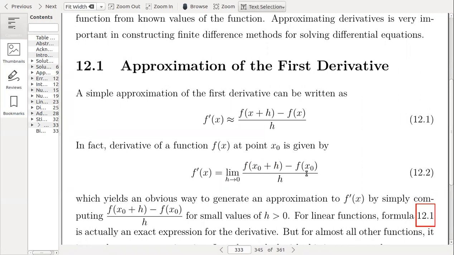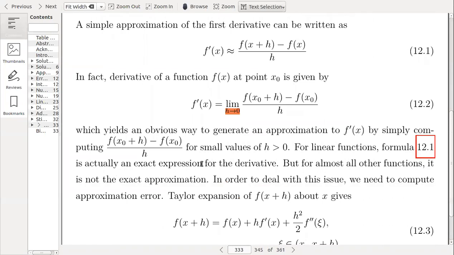The difference between these two points in the domain is x naught plus h minus x naught, which gives h. So we can apply a limit here, where h is a very small positive number that can approach 0 or be very close to 0, which yields an obvious way to generate an approximation to f prime of x by simply computing f of x naught plus h minus f of x naught over h.